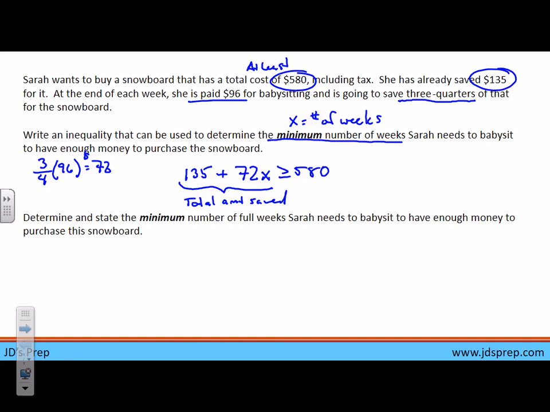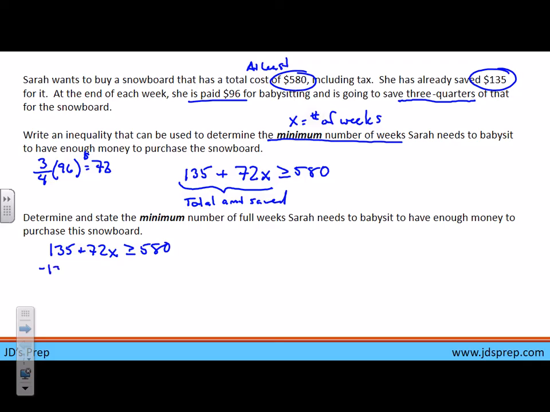For the second part, we want to actually use that inequality to find out how many weeks she needs to babysit in order to afford her purchase. To do that, we need to solve that inequality for x. So we start off with 135 plus 72x greater than or equal to 580.